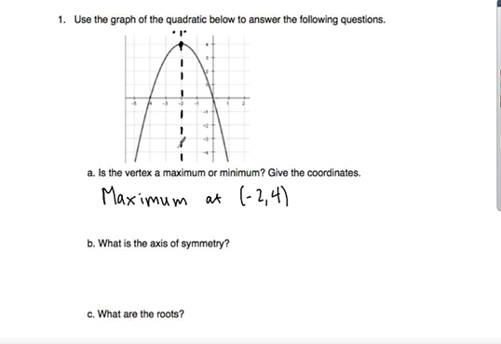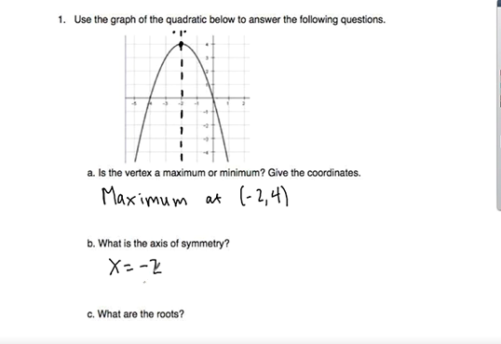Because it is always a vertical line, it's going to be x equals whatever the value of x is in our vertex, or wherever our axis of symmetry crosses the x-axis, which in this case is at -2. So our axis of symmetry is at x equals -2.